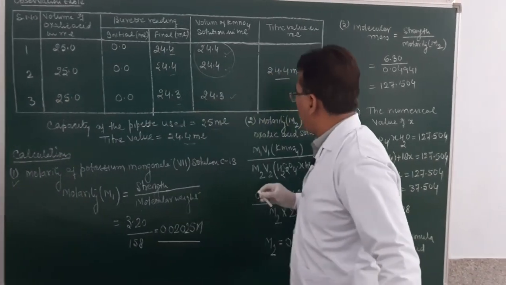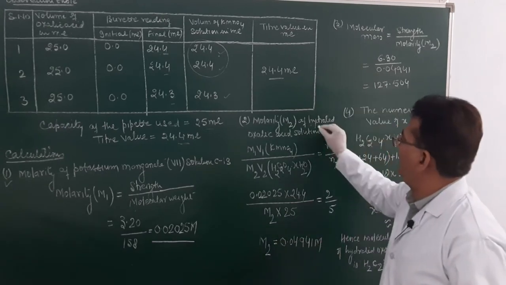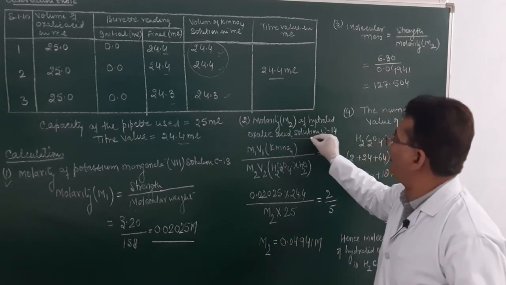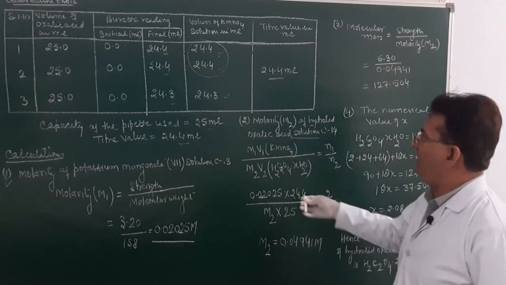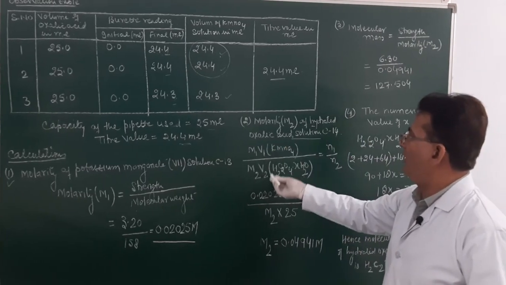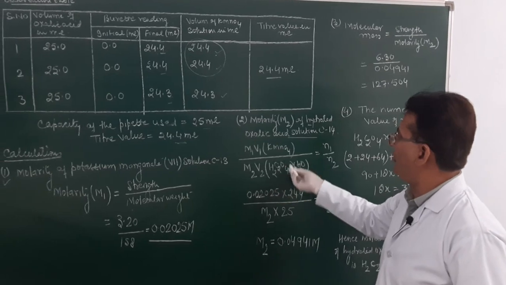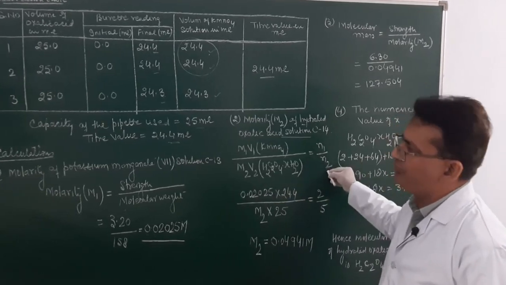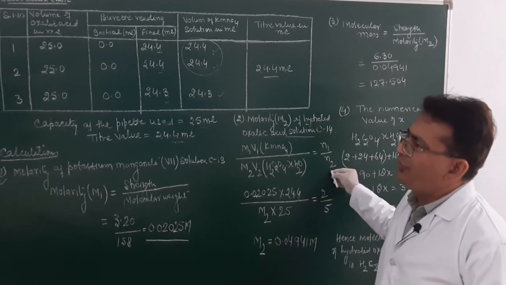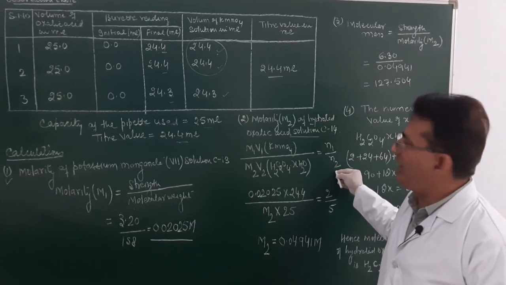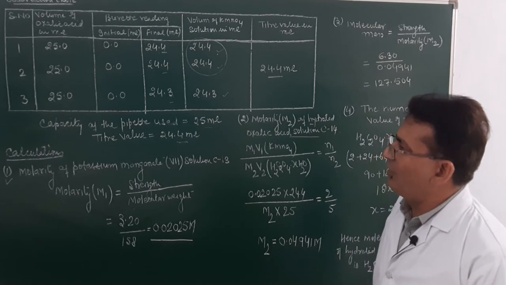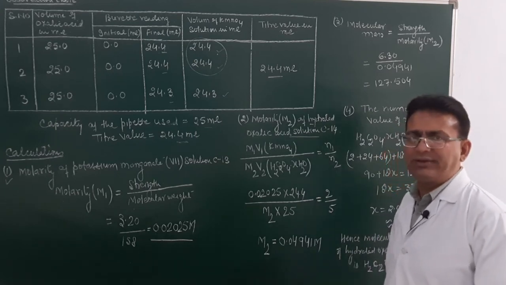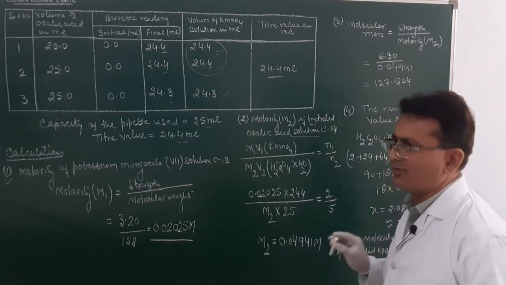Now look at the second question. What we have to find out is molarity of hydrated oxalic acid solution. So formula will be M1V1 of KMnO4 to M2V2 of oxalic acid equal to N1 upon N2. As seen in the equation, 2 mole of KMnO4 are neutralized by 5 mole of oxalic acid. The balanced equations are given as I have shown you earlier in this video.